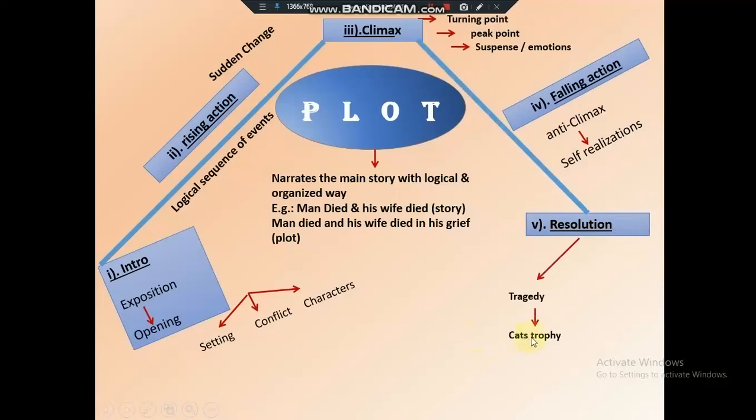Catastrophe means a huge, disastrous kind of change that is going to be felt by the characters, by the audience, by the spectators, by the readers. And in tragedy, most of the time the hero dies, and the audience starts feeling sad for the characters in the story, or the story moves towards a gloomy, sad ending.